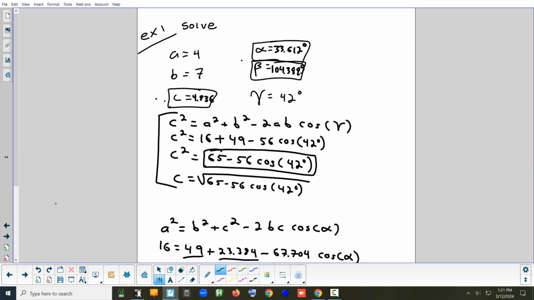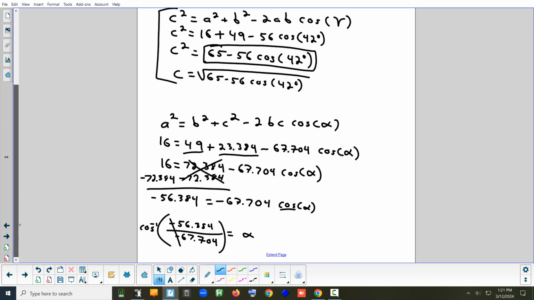And that's a law of cosines problem. So the top part was finding a side, and the bottom part was finding an angle. Those are the only 2 types of things you ever have to do in this problem. Any questions on that?